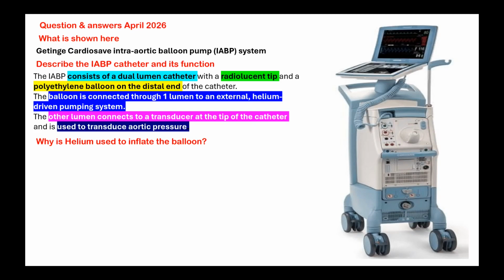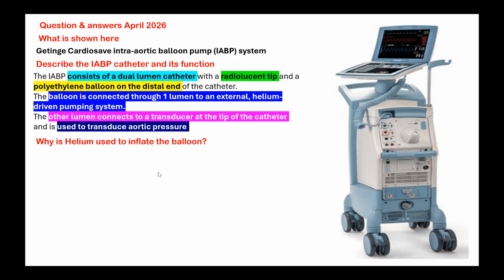Sir, CO2, sir. Carbon dioxide. Yes, just like your laparoscopy, where even if carbon dioxide gets absorbed, not much harm will be produced up to a particular level. They were using only carbon dioxide for inflating the intra-aortic balloon pump also.